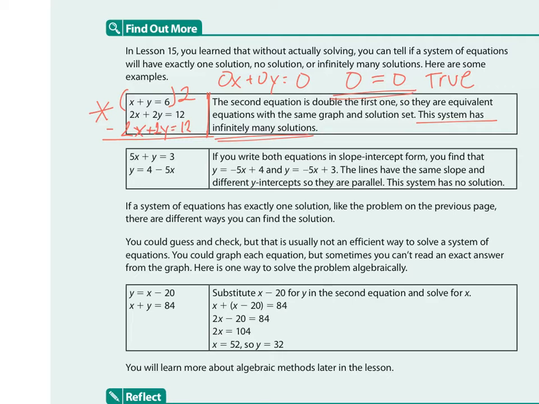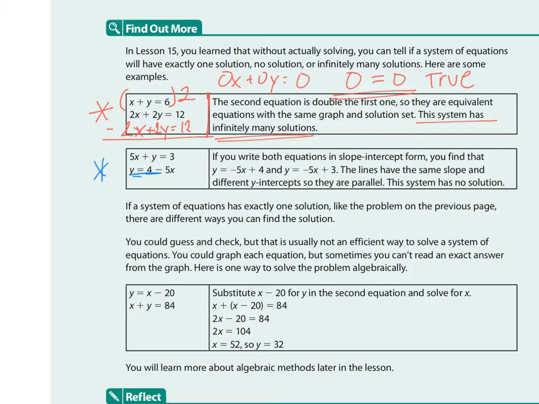Okay, let's take a look at our next case scenario. Here's two different ones over here: 5x plus y equals 3, and y equals 4 minus 5x. It says if you wrote both equations in slope-intercept form, well, the second equation is already in slope-intercept form.